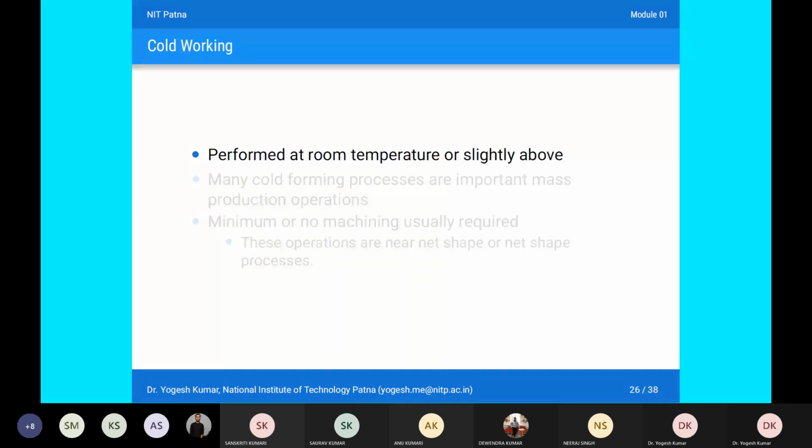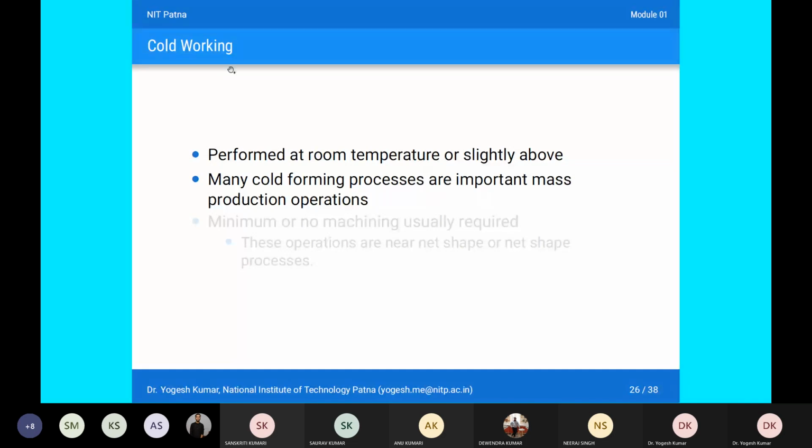As the name indicates, cold working is performed at room temperature or slightly above room temperature. Many cold forming processes are important mass production operations. Many forging operations or many sheet metal working operations are mass production operations. They are carried out at room temperature or slightly above.